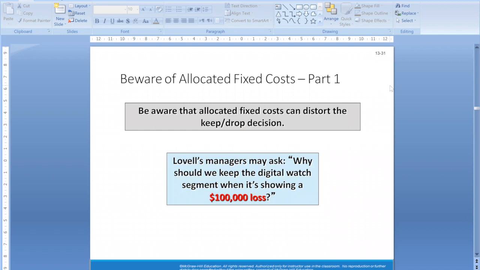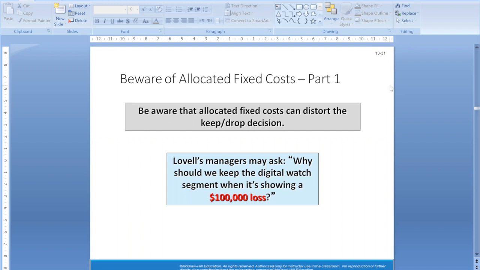Be aware that allocated fixed costs can distort the keep or drop decision. Managers may ask, why should we keep the digital watch segment when it's showing a 100,000 loss?